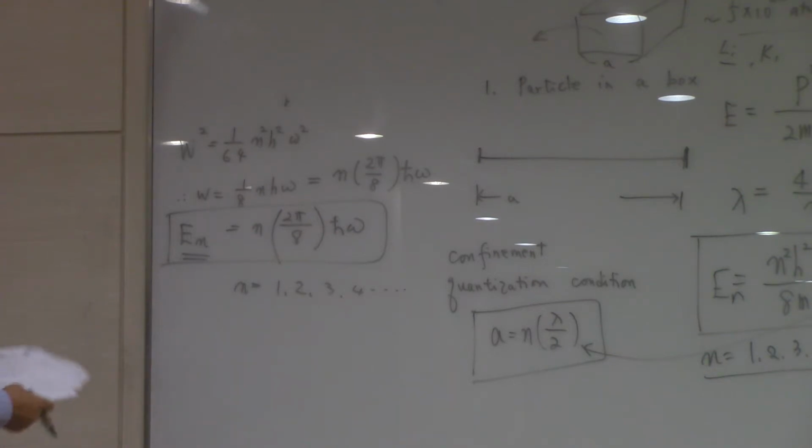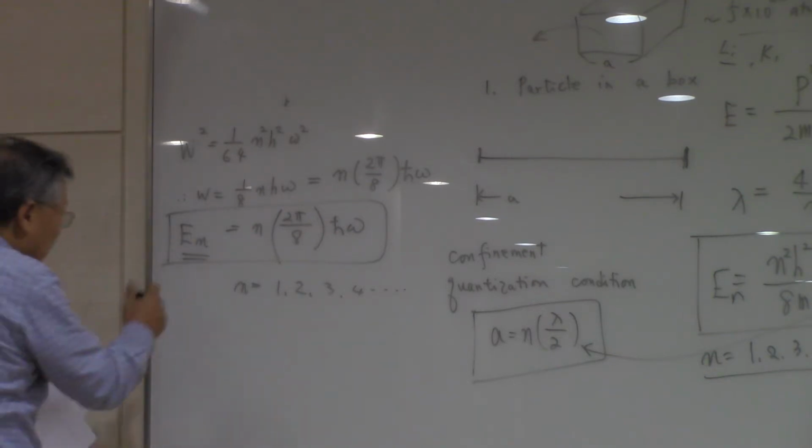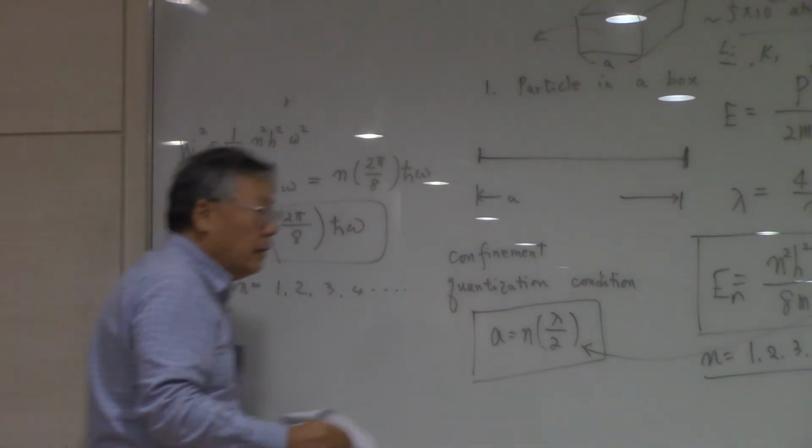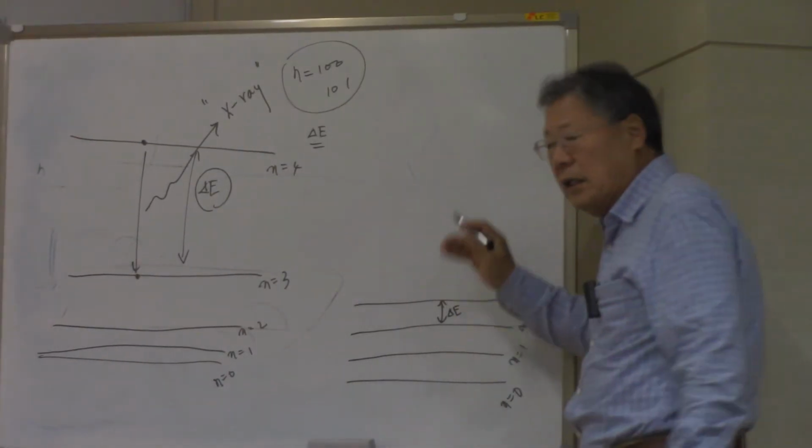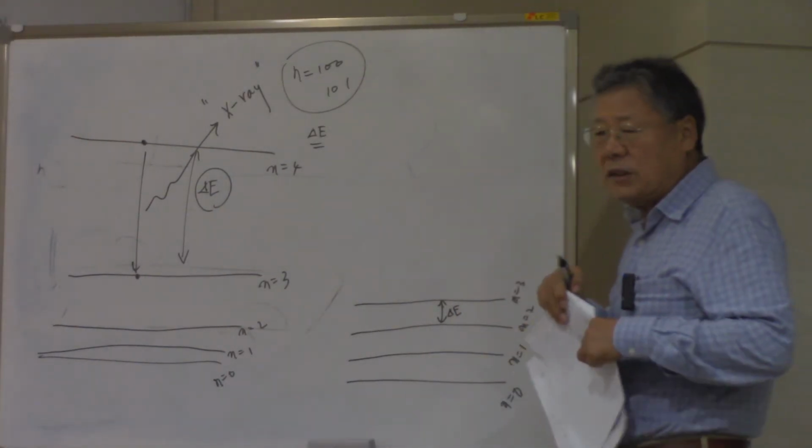So if you plot this, then n equal to 0, n equal to 1, n equal to 2, n equal to 3, and delta E, the energy gap in between excited states, is all the same.